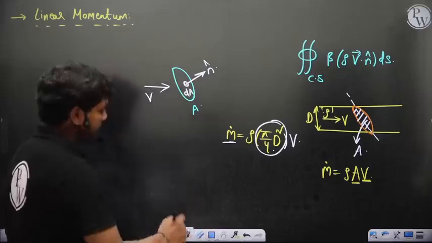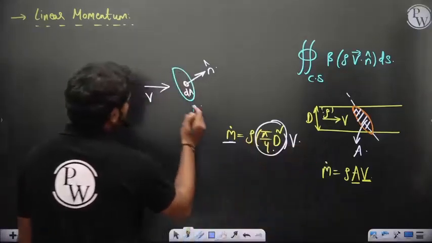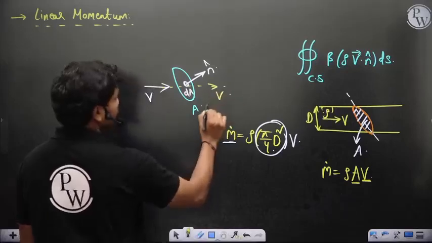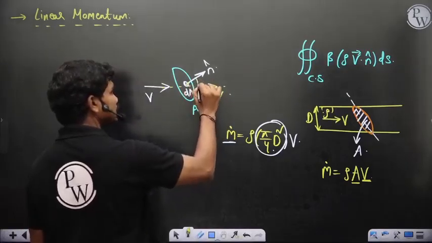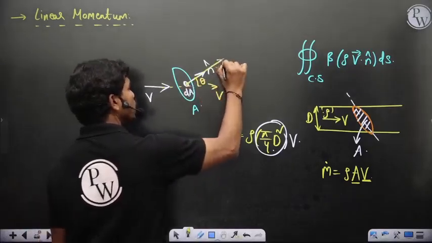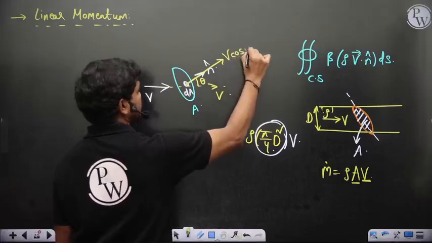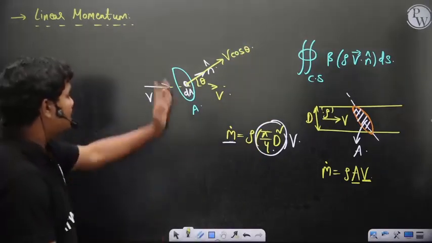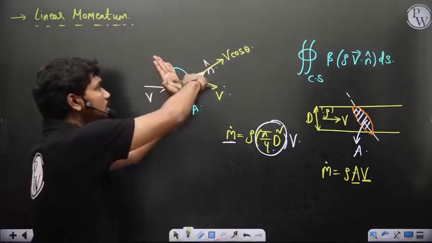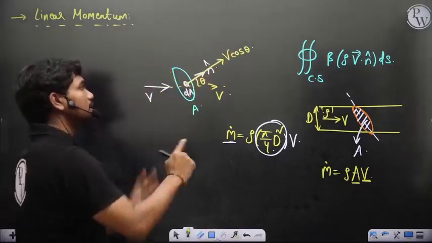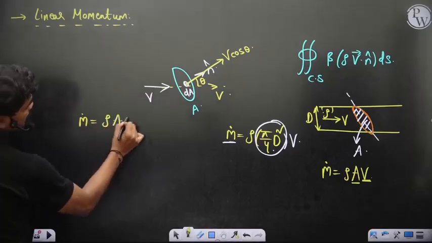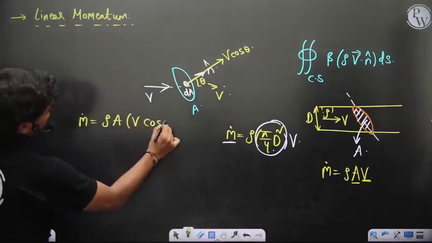So in such a case, you resolve this velocity. If this is v, and this angle is theta, then this would be v cos theta. Correct? Then for this area, this v cos theta velocity component is perpendicular. Then you can write m dot is equal to rho A v cos theta here.